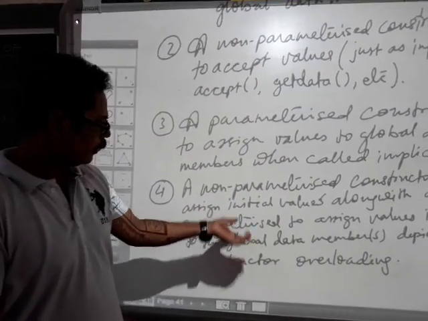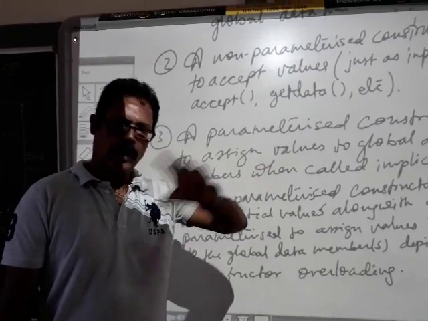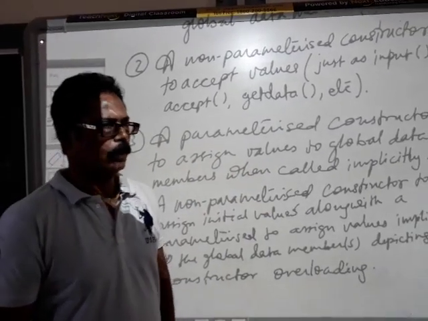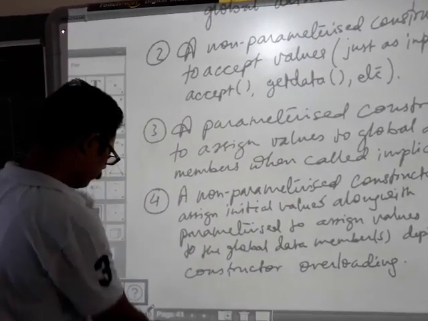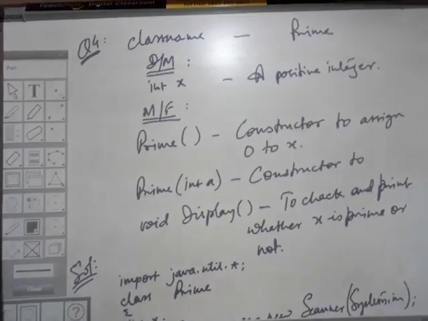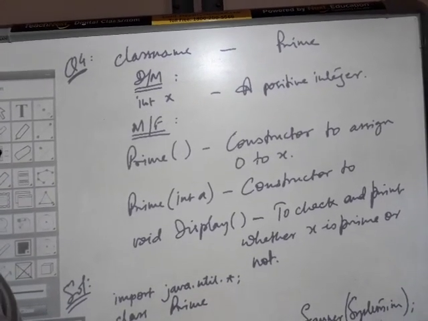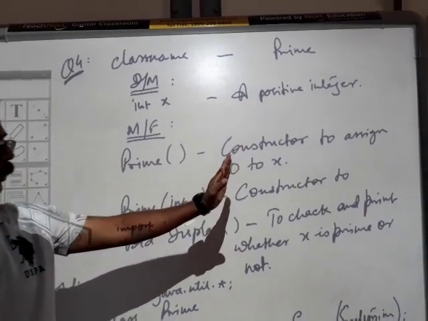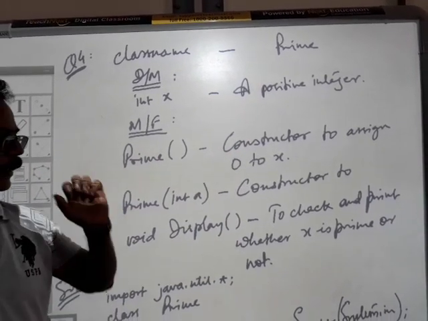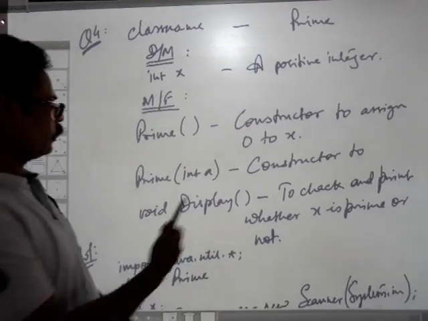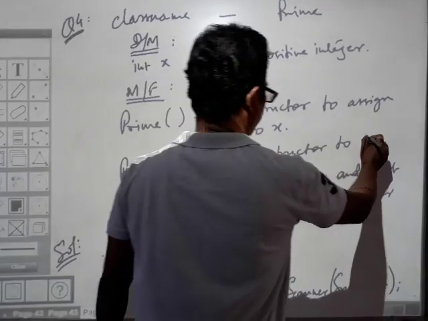So the last category is where you have a non-parameterized constructor as well as a parameterized constructor. The non-parameterized constructor here is basically used to assign initial values, and the parameterized constructor is used to accept the values.